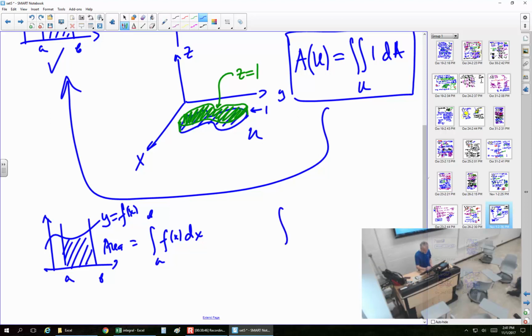On the other hand, it is the integral over this region U of 1 dA. We still do not have a way to compute it using Fubinian theorems, but that's okay, because we're going to go this way, and that will actually tell us what the Fubinian theorem is supposed to look like.